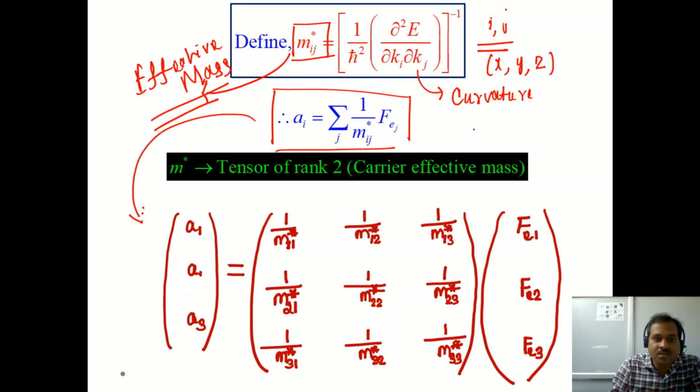So we can write this as a column matrix A1, A2, A3. This A1, A2, A3 can be written like this: 1 by M11 star, 1 by M12 star, 1 by M13 star. You can think of it as XX, XY, XZ, YX, YY, YZ, ZX, ZY, ZZ times the three components of the external force: Fex, Fey, Fez.